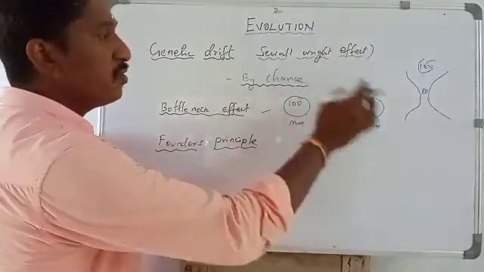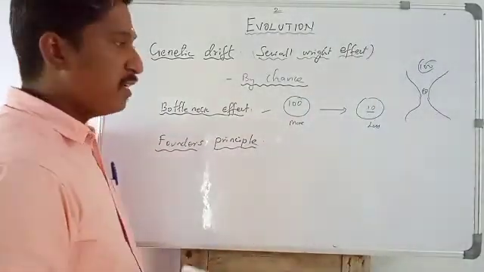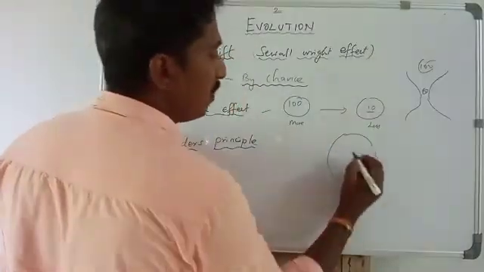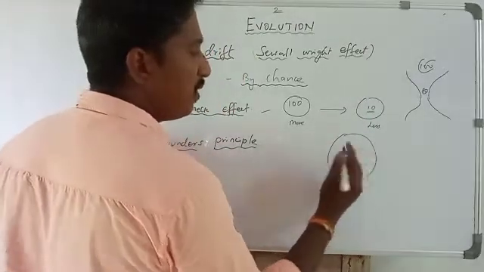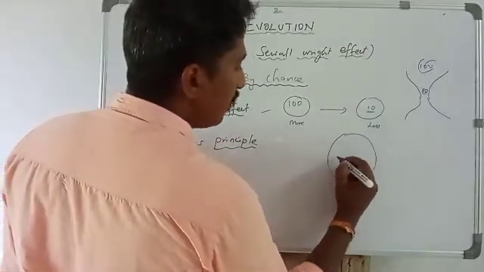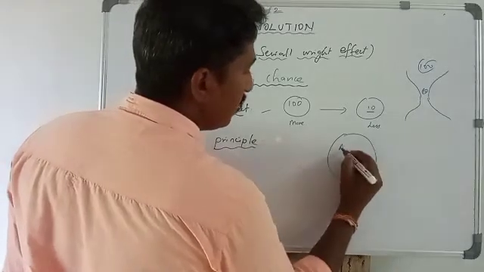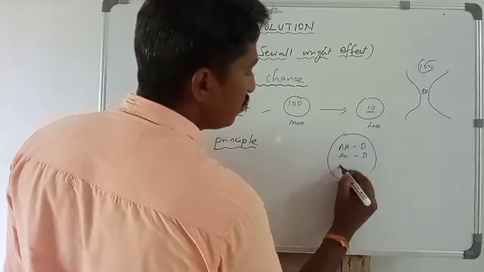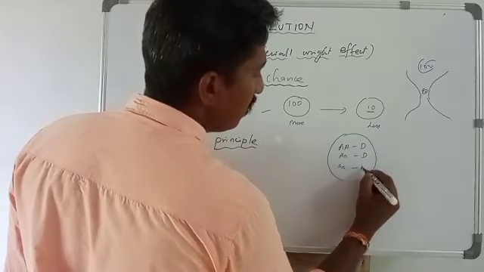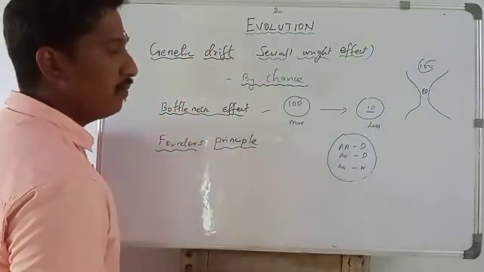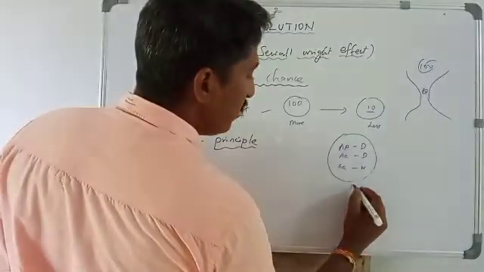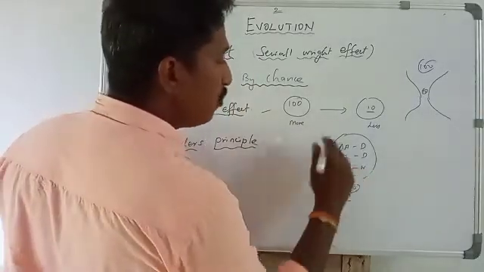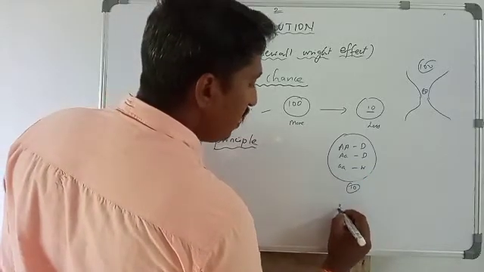So it is shown in your textbook diagram. Okay, so it will be like this. A beetle population is given, with two colors: dark, capital A, and small a, which is white or light colored. In the textbook the population is 10, and due to natural calamities only 3 are left.